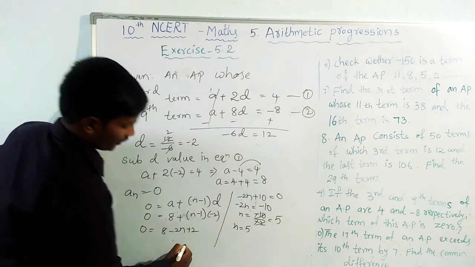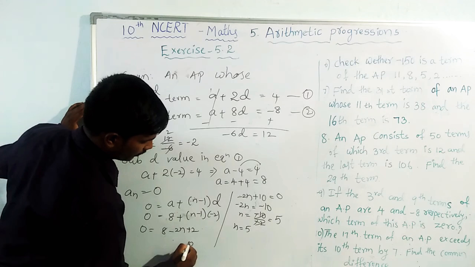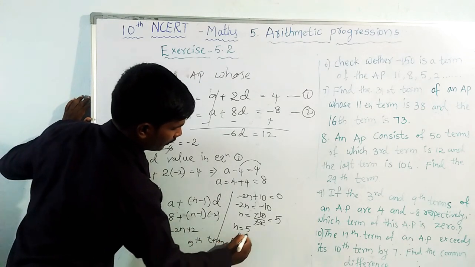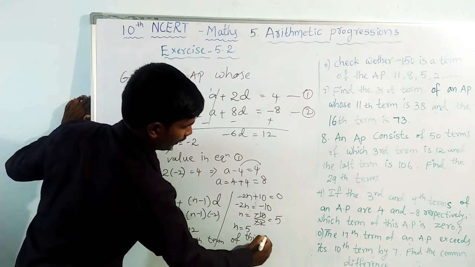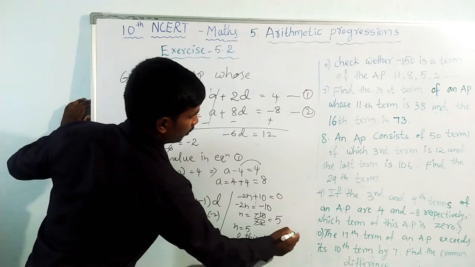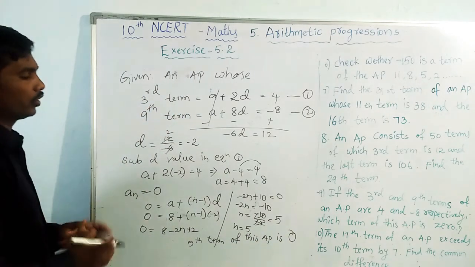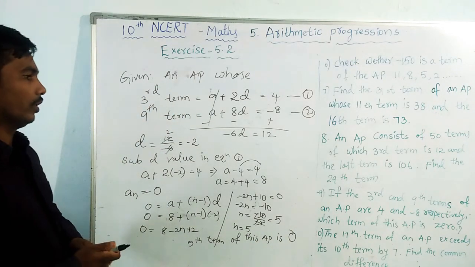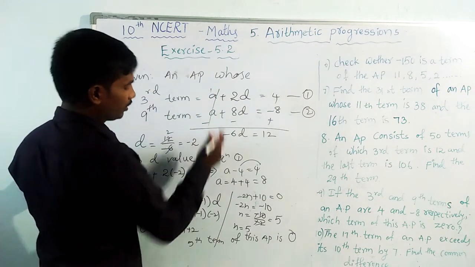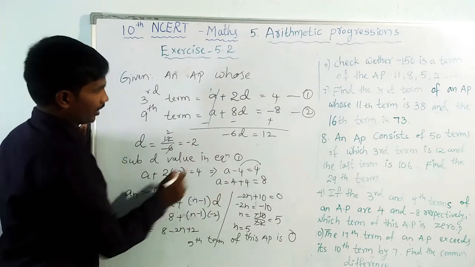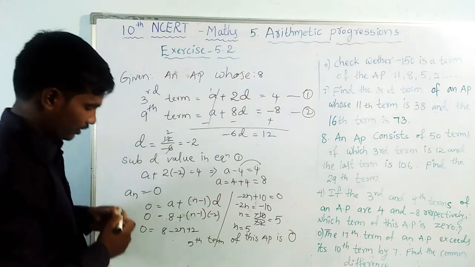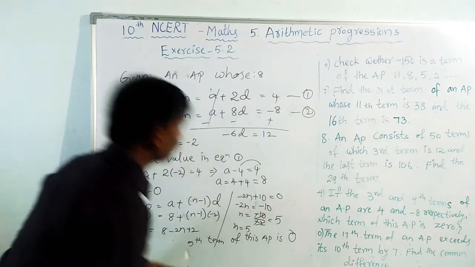So the fifth term of this AP is 0. What is the AP actually? The arithmetic progression. What is the first term? 8. First term is 8. Okay, I will write it.